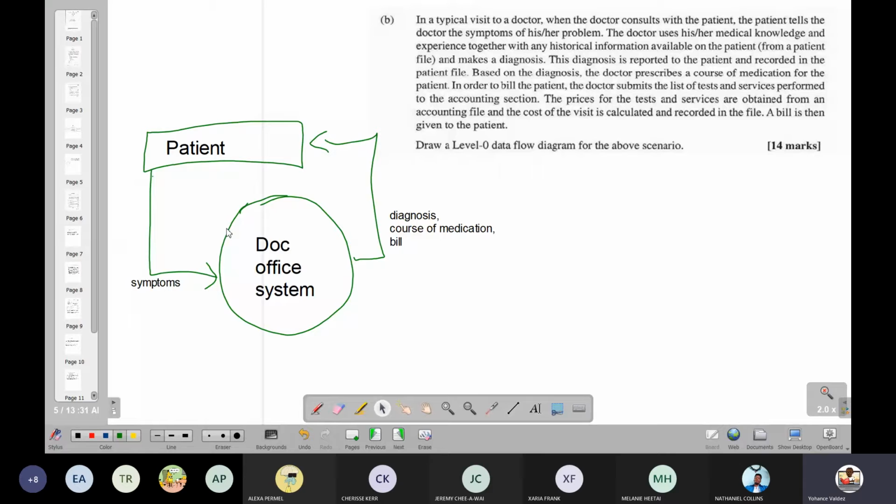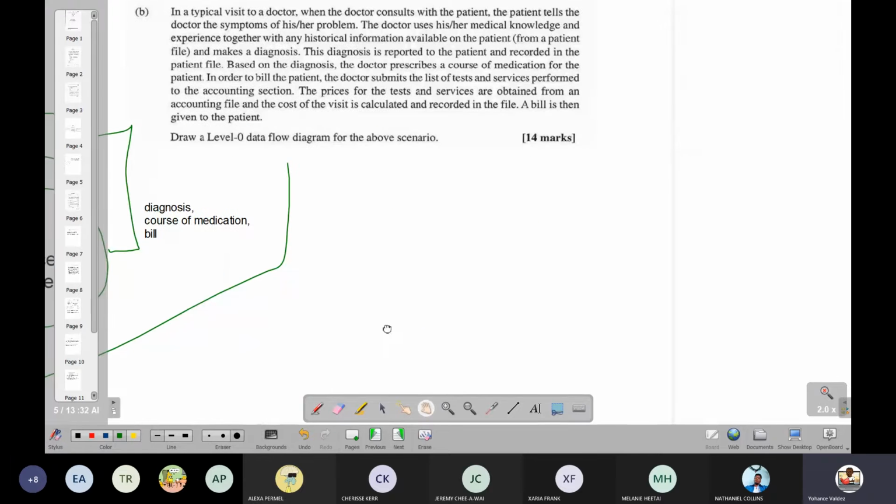Right, so we want to be able to create the actual data flow diagram now, so we have an idea of what goes in and what happens when. With a system overview, this is what our DFD should look like in terms of inputs and outputs. So again, we start with the patient as an external entity.